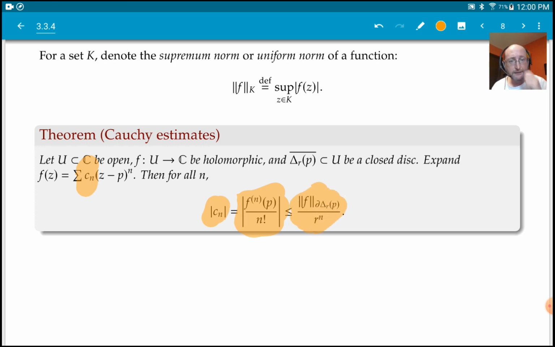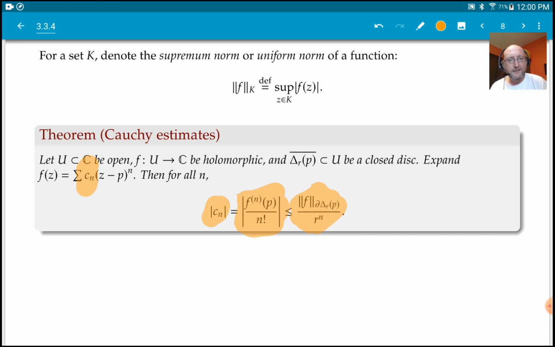So it's bounded by the supremum of f on a little circle around p, right? And by the maximum principle, you know that that's the same thing as the supremum over the whole disk, right? But so it's the supremum of f on the little r circle, divided by r to the n.